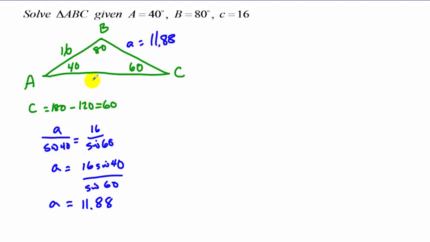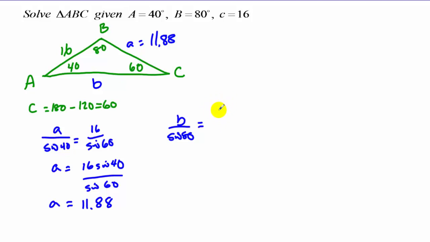Moving on to side B, we take B over the sine of 80 is equal to, and I'm going to use what was given to me in the problem, anything that doesn't have rounded answers, because once I start using rounded answers to calculate a new answer and then round that, then I have multiple rounds, which isn't as accurate.